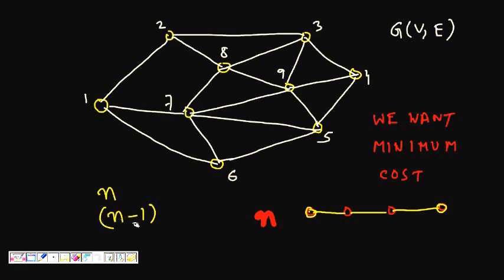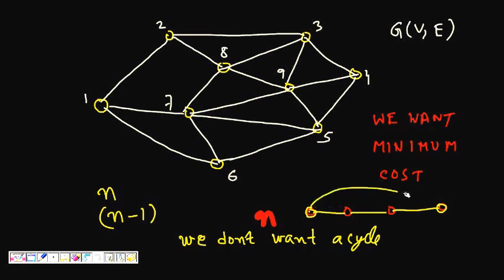So we have to choose n minus 1 such edges which will connect them, and we don't want a cycle. If I join like this, I can go from here to here using this path, but I already have a path using which I can go. So a cycle is unnecessary while we are connecting all the cities.